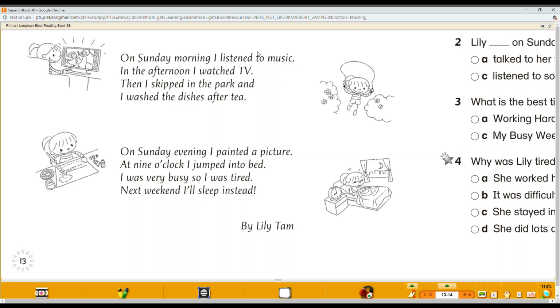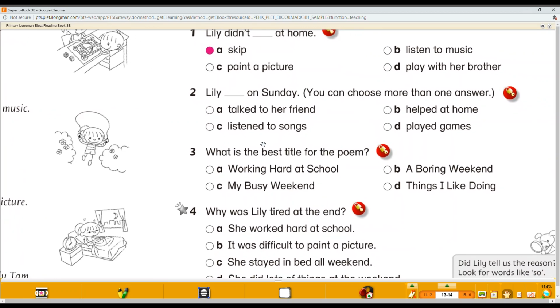Play is not from here, but help at home is similar here. Washed the dishes after tea means helped at home. So the answer should be helped at home, that is washed the dishes, and listened to songs. B and C. Good.